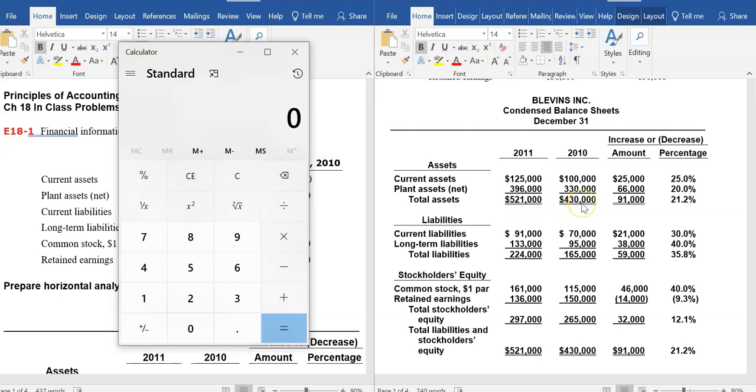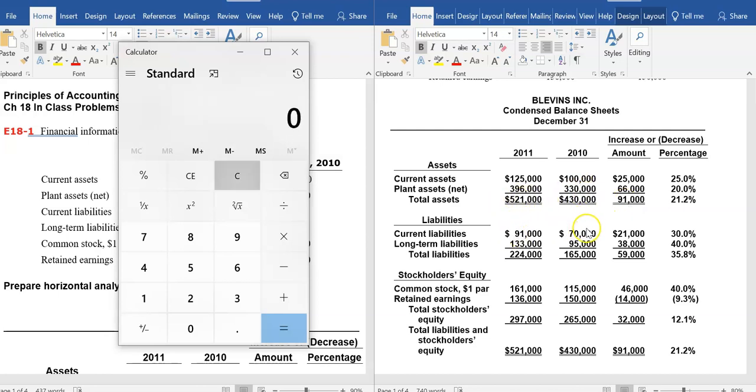Total assets, 430,000 to 521,000 is a $91,000 change from the base year to 2011. Divide the dollar amount of change by the base year, 430, to get a change of 21.2% for total assets from 2010 to 2011.